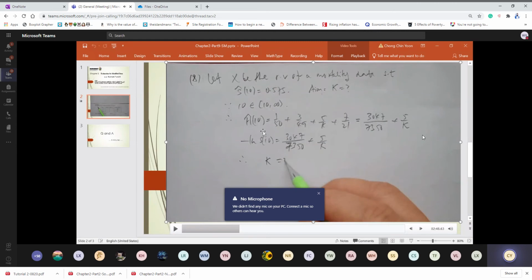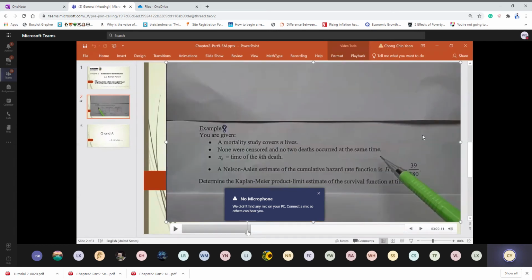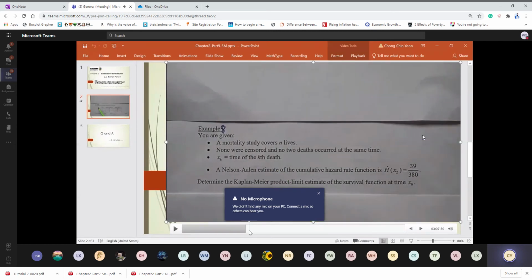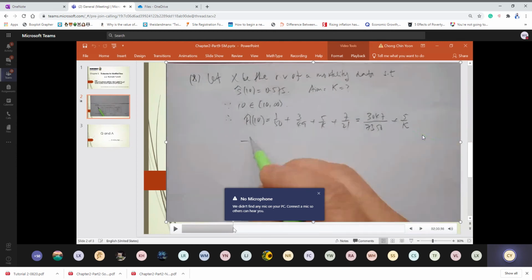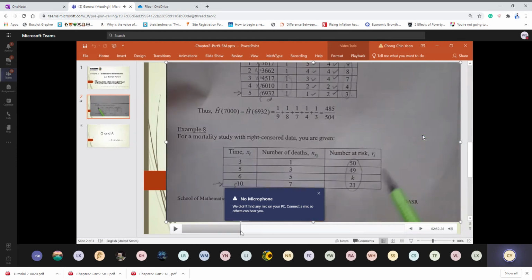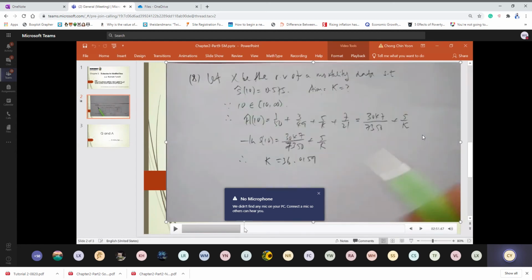After you change to the survival, you substitute, then you can solve for k. The k must be an integer. You have to know that. Therefore, your k is about 36. Okay. Now, next, we'll go to another example.